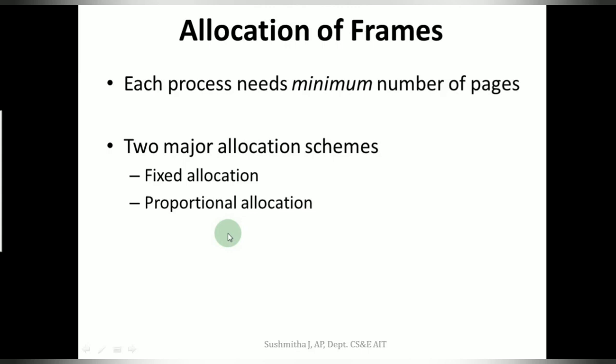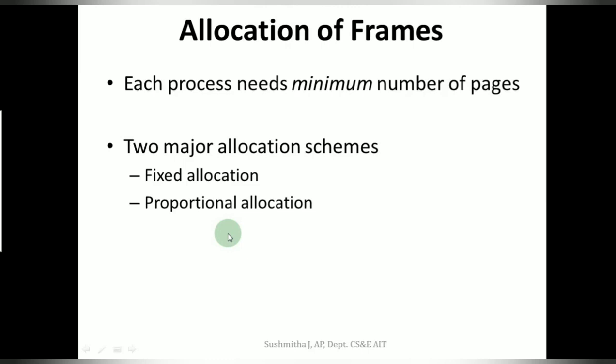So process 1 also gets 10 frames, process 2 also gets 10 frames, process 3 also gets 10 frames. Whereas in proportional allocation, depending on the size of the process, I vary the allocation of the frames.